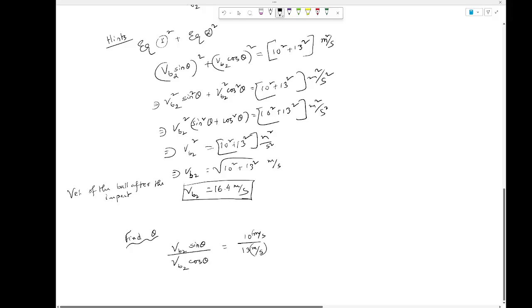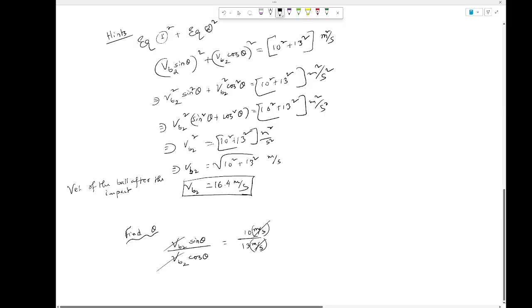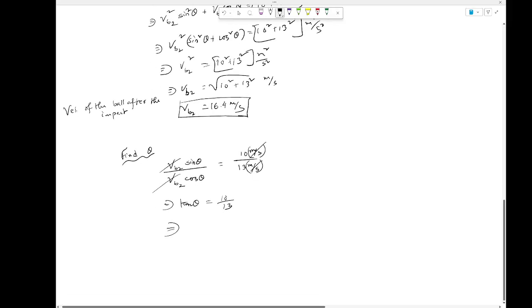So this meter per second is going to cancel out, and then this V2 is going to cancel out. You're going to be left with tan theta, and this is still 10 by 13. And theta will become tan inverse of 10 by 13. And this value will be 37.6 degrees. You got it? Perfect.